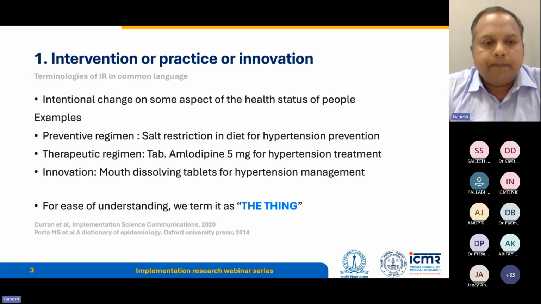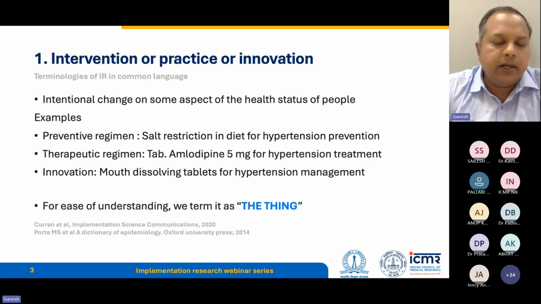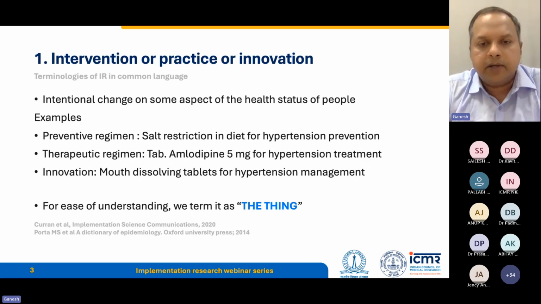For example, a preventive regimen, salt restriction in diet for hypertension prevention, is an intentional change. The health status of the population here is hypertension prevention or control of hypertension. The intentional change can be a therapeutic regimen.